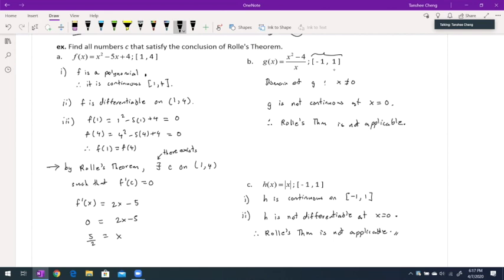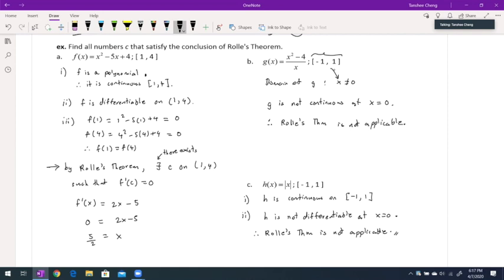Since the interval that we are looking at is the closed interval of -1 to 1, that includes something that is not in the domain of the function. Right away, that tells me the function g is not defined at 0, which is in that interval that we are looking at.